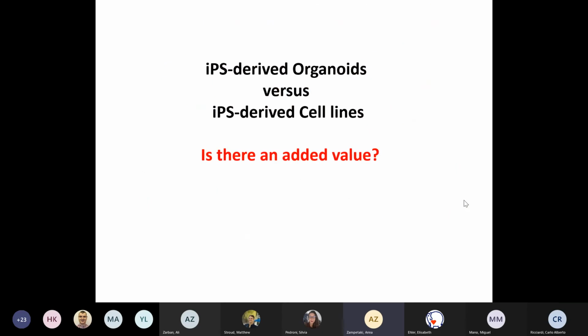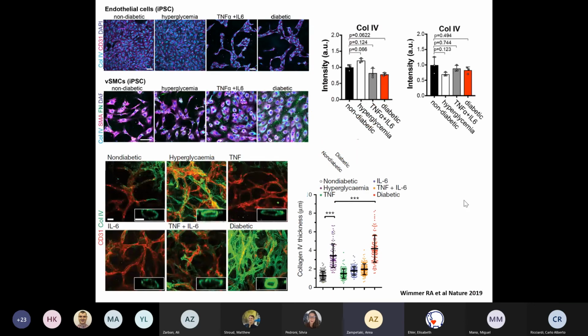Now, a question that comes to mind after all this is whether there is an added value of using induced pluripotent stem cells-derived organoids versus induced pluripotent stem cells-derived cell lines. And the truth of the matter is that there is a very important difference.